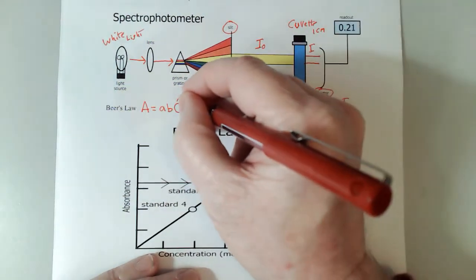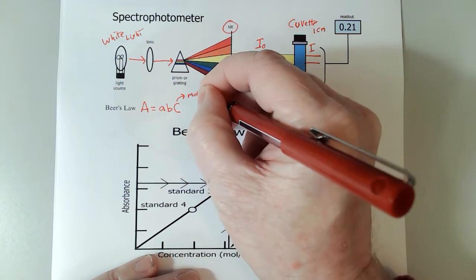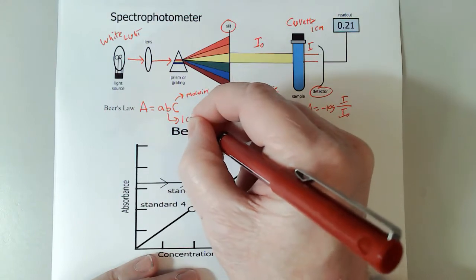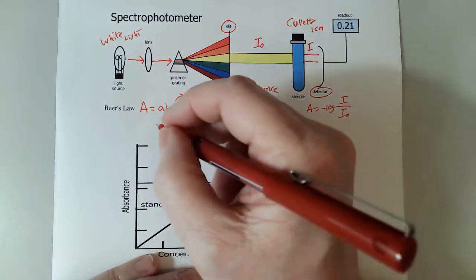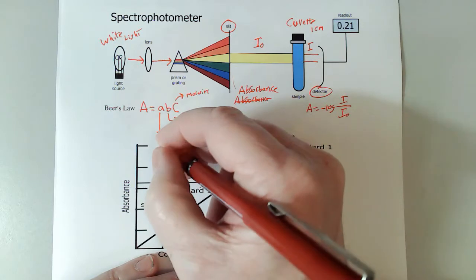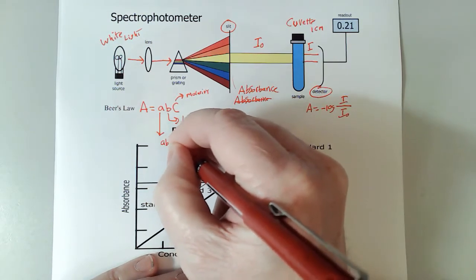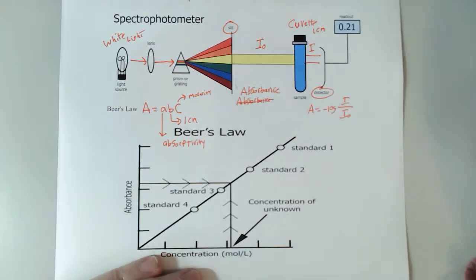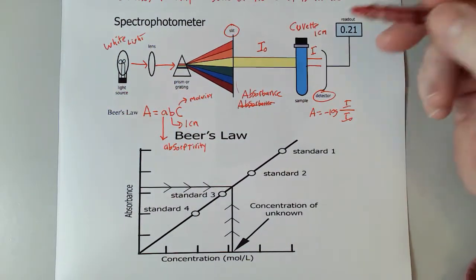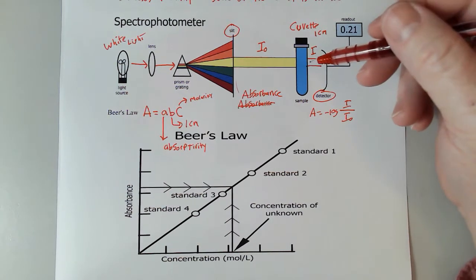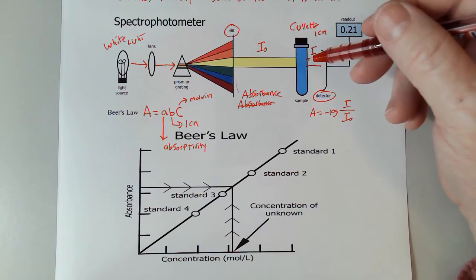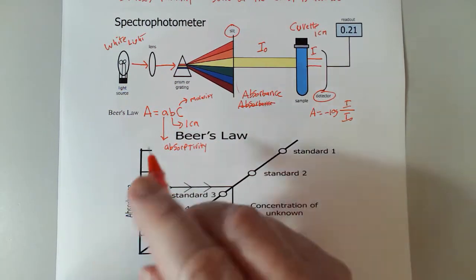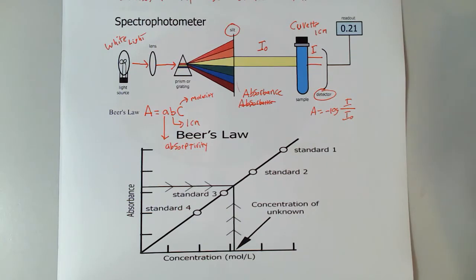So C is concentration, or we'll say molarity. B is 1 centimeter, how wide that tube is. And A is going to become important. It is called the absorptivity of the compound. And that is specific and unique to pretty much every compound. Capital A itself is the absorbance.